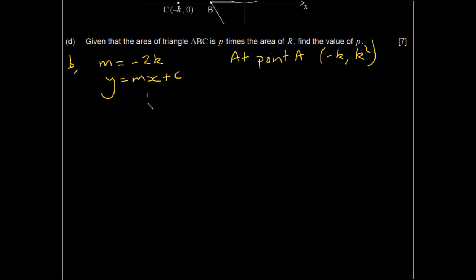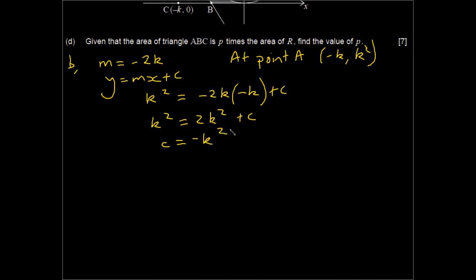So k squared is equal to minus 2k multiplied by minus k plus c. That gives me k squared is equal to 2k squared plus c, so c is equal to k squared minus 2k squared, which is negative k squared. So my equation for the line is y equals minus 2kx minus k squared. That's the equation for line L.